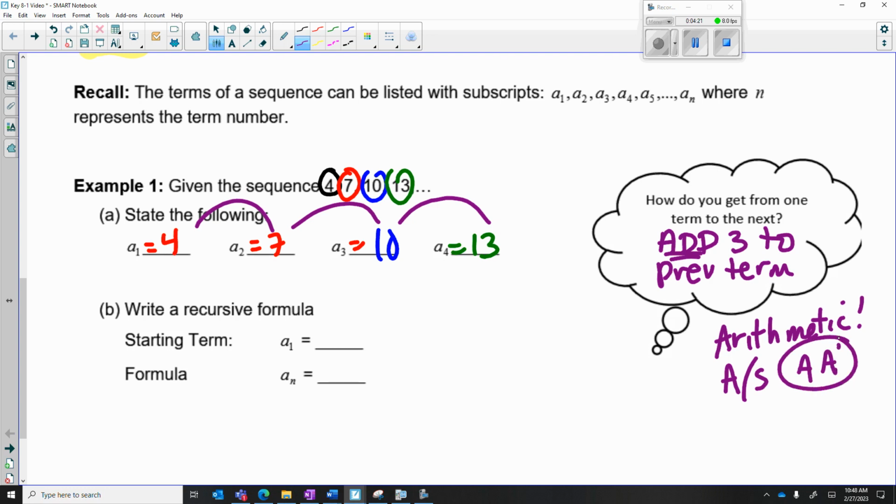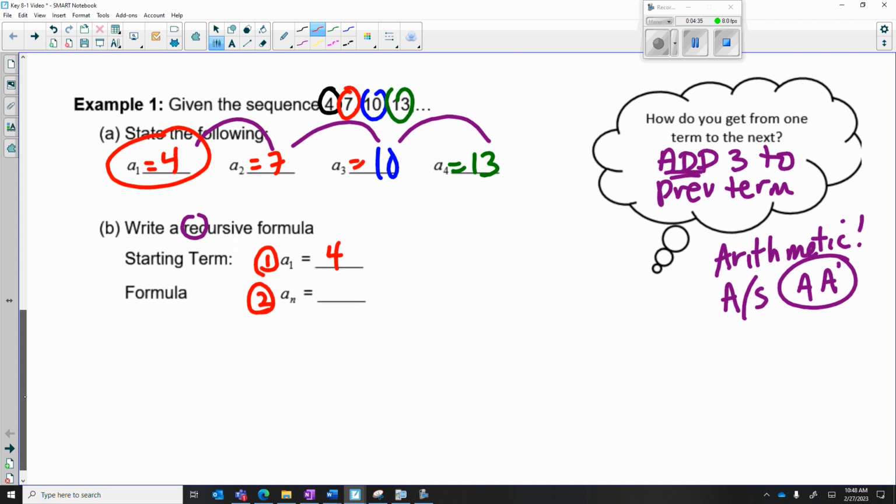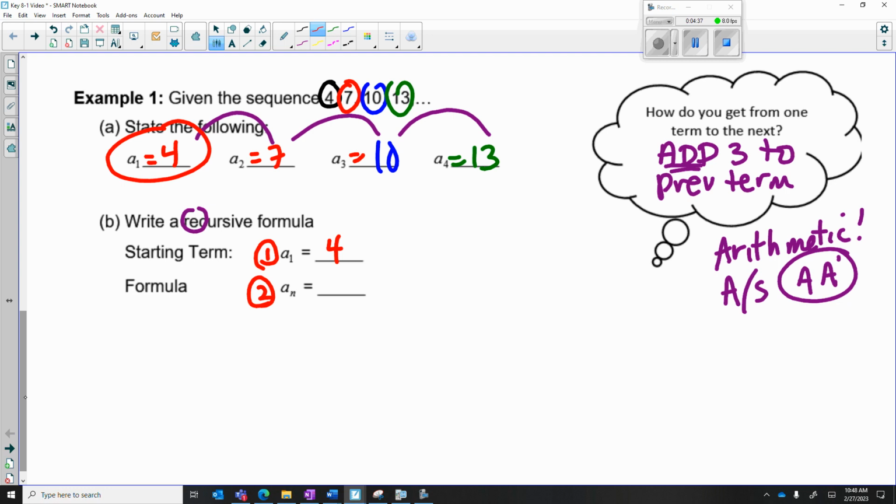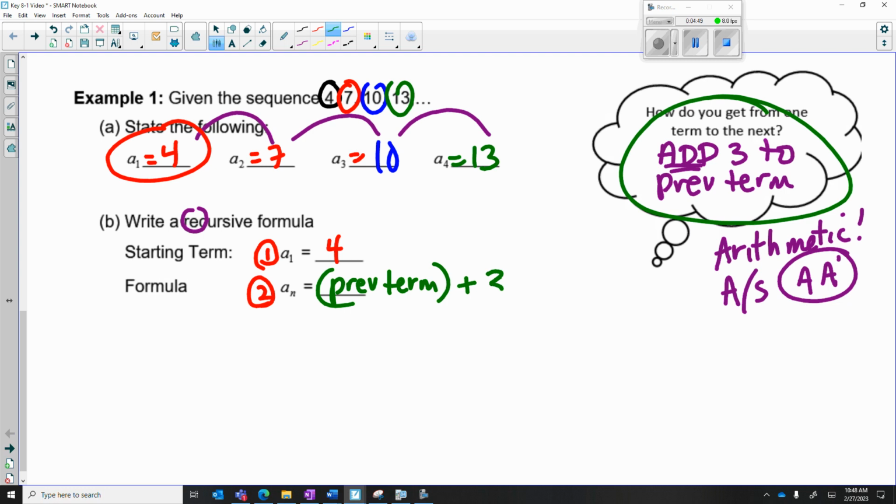Arithmetic, add. So if I want to make a recursive formula with this, I need my 2 pieces. My 2 pieces are my starting term, which is A1, which is 4. So this is saying start at 4, and then a formula that involves using the previous term. If I'm at A n, the previous term, what I want to do with it is add 3 to the previous term.